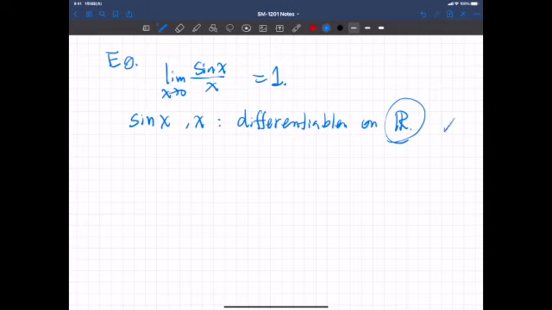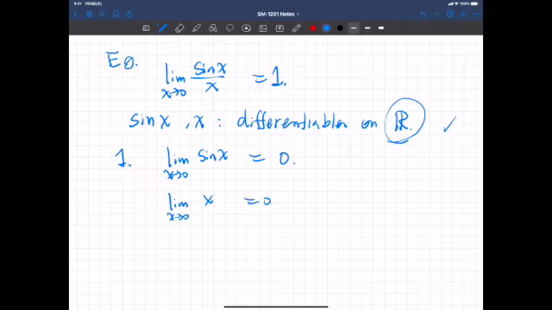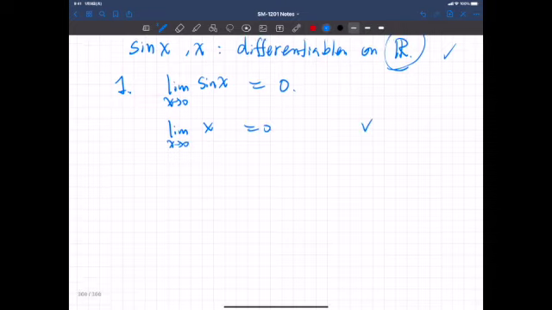So that is good. And first, we have the limit of sine x when x approaches 0, and that is 0. And the limit of x when x approaches 0 is, of course, 0. So the first condition is met.